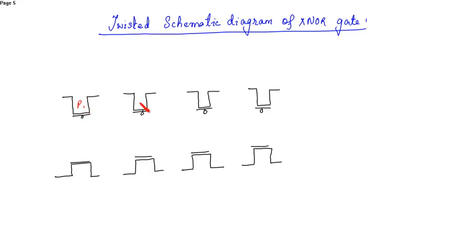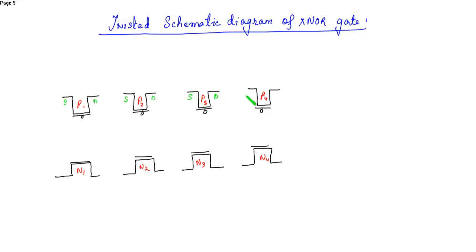This is P1, P2, P3, P4, N1, N2, N3 and N4. So this is not required actually, the source and drain, because the source and drain is the same for all.